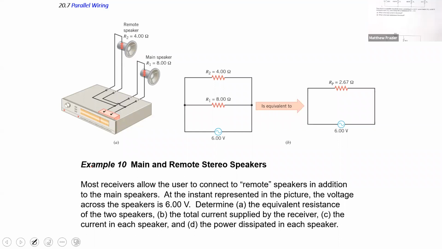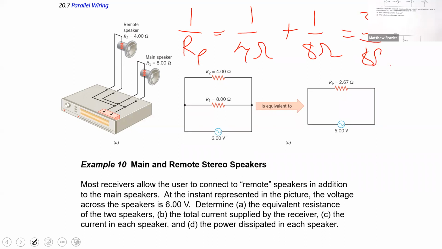And to do that, we have to find the resistance of the speakers. And so we look at this, we realize that they're in parallel, so we're going to do the parallel rule. So 1 over the parallel resistance is 1 over 4 ohms plus 1 over 8 ohms. Put that on a common denominator, that is 3 over 8 ohms.